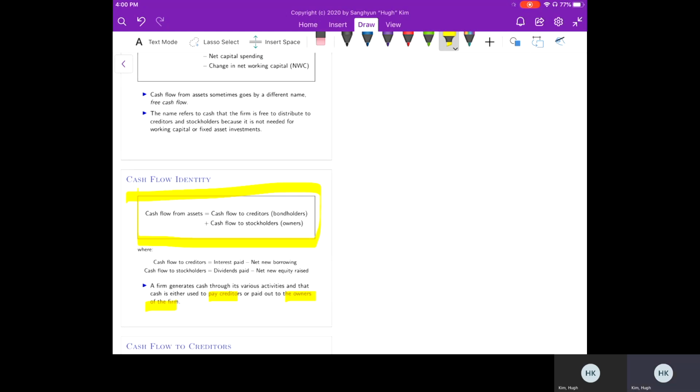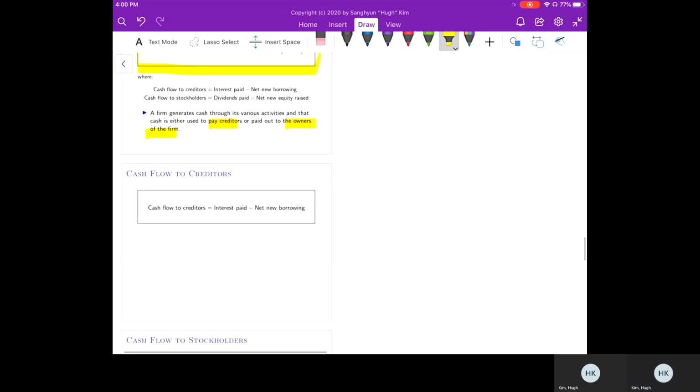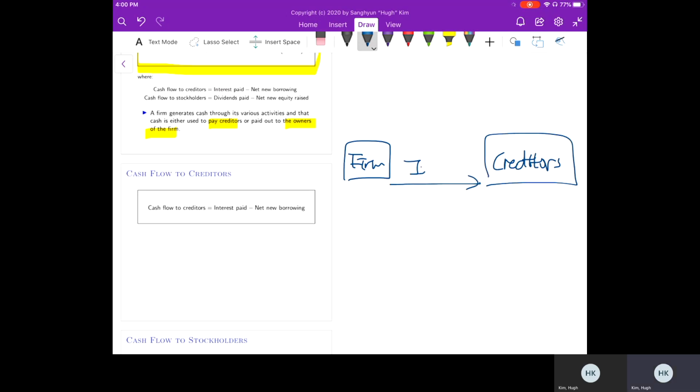So let's first consider cash flow to creditors. Here's a firm, and there are creditors. Obviously, the firm pays interest.